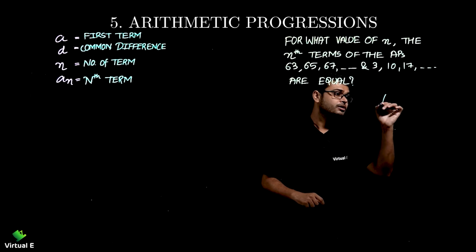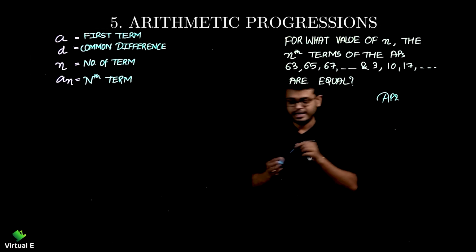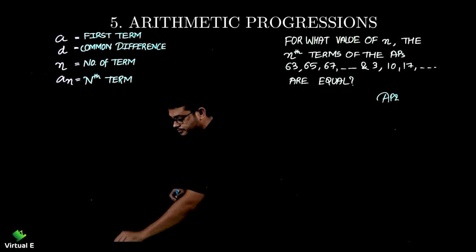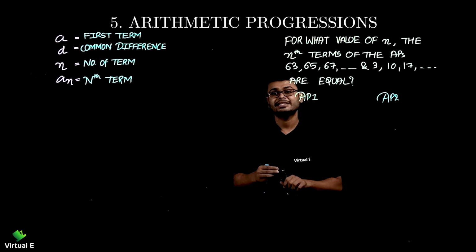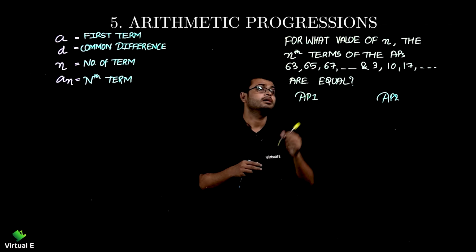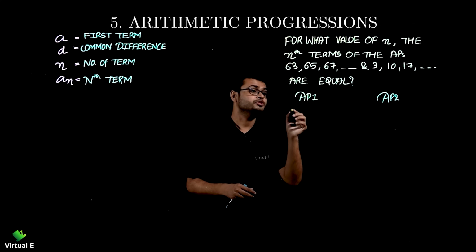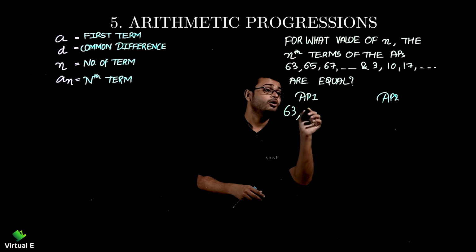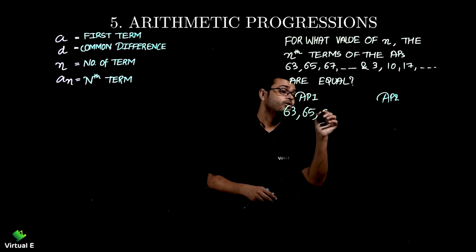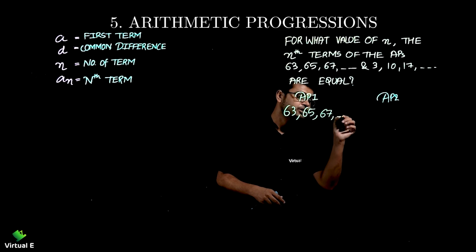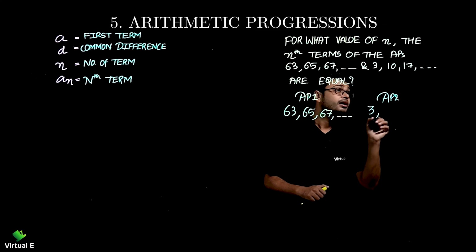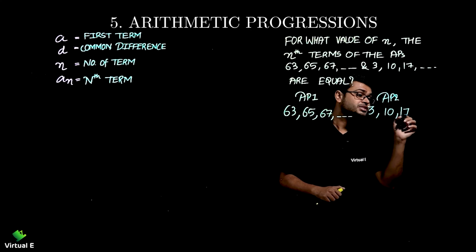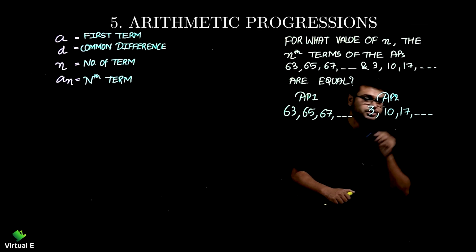So let's start. Again, there are two APs. Now let's get the value of a and d. Let's take this as AP1, which is 63, 65, 67, and so on, and AP2, which is 3, 10, 17, and so on.